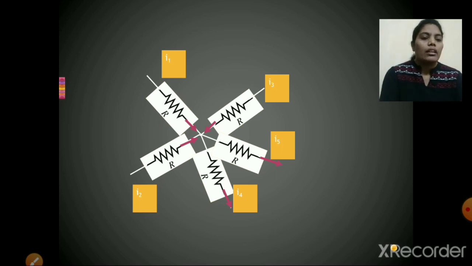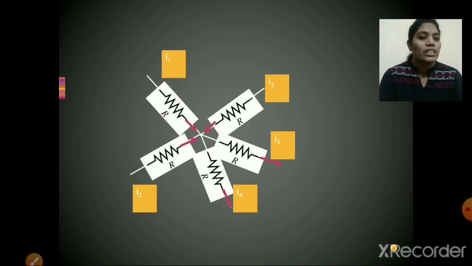Generally at junctions, I'm not talking about an electric junction now. A junction is the place where many roads meet. At this junction, the vehicles or persons moving won't all move towards the junction or all move away from it.